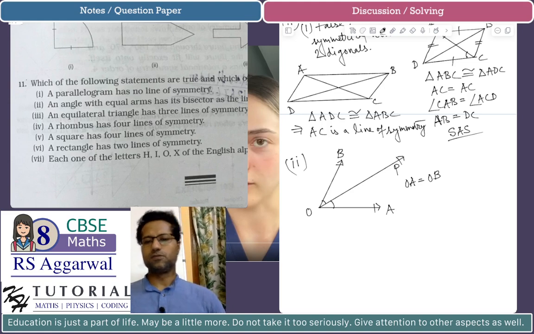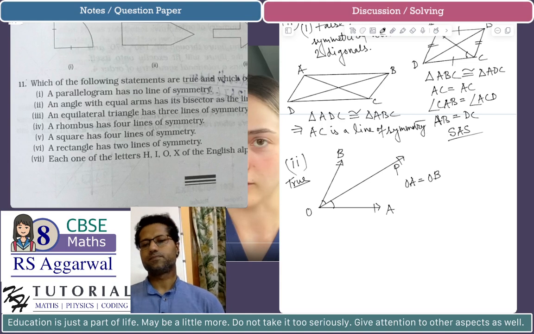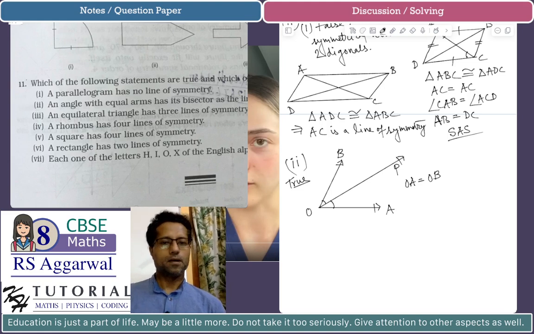Is the line OP, which is the bisector of angle O, a line of symmetry of the angle AOB? It is true. An angle with equal arms has its bisector as the line of symmetry.